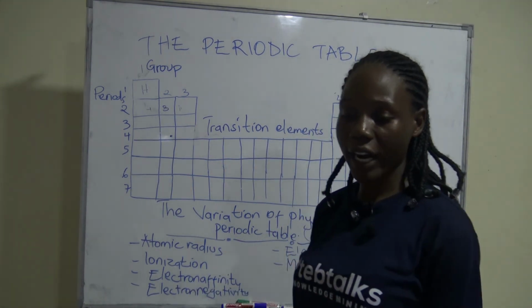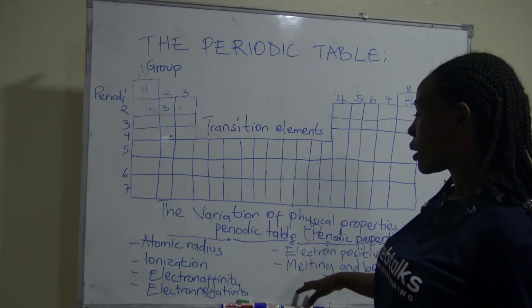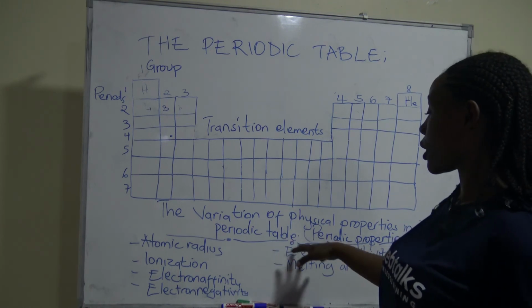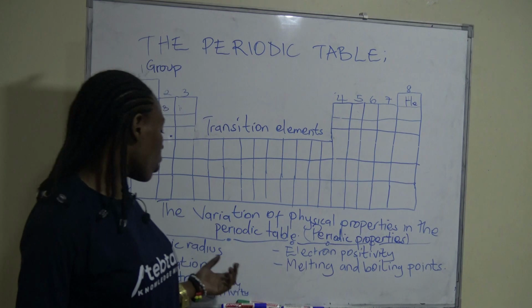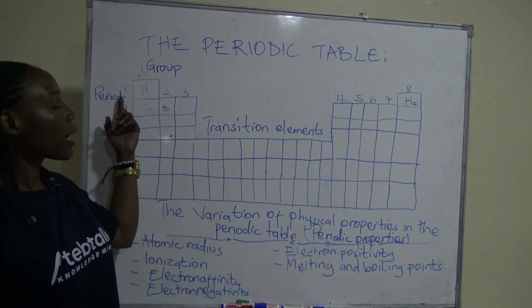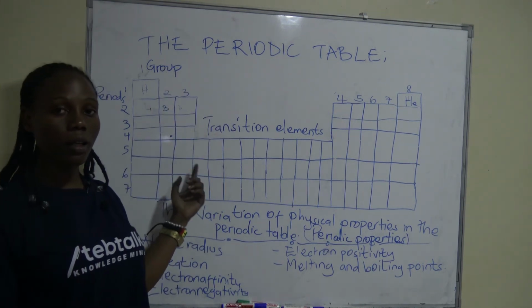So these are the various properties of the periodic table. So we are going to look at how atomic radius varies across the period and down the group. We will see what is ionization energy, and how it varies across the period and down the group.